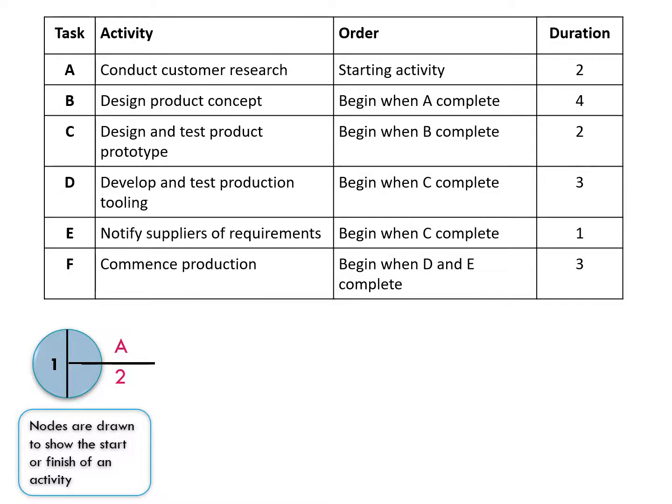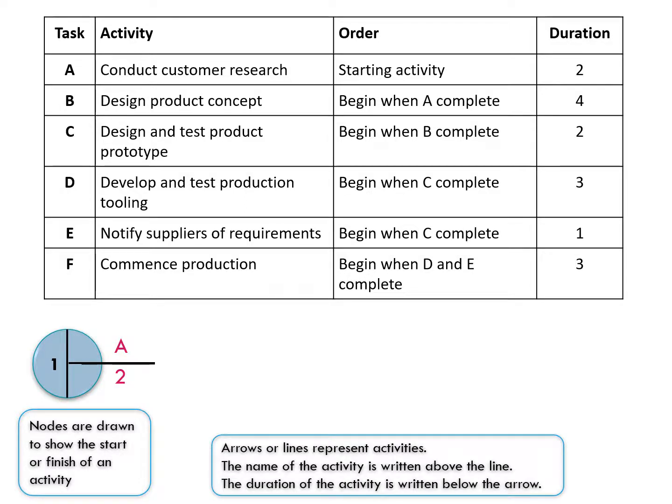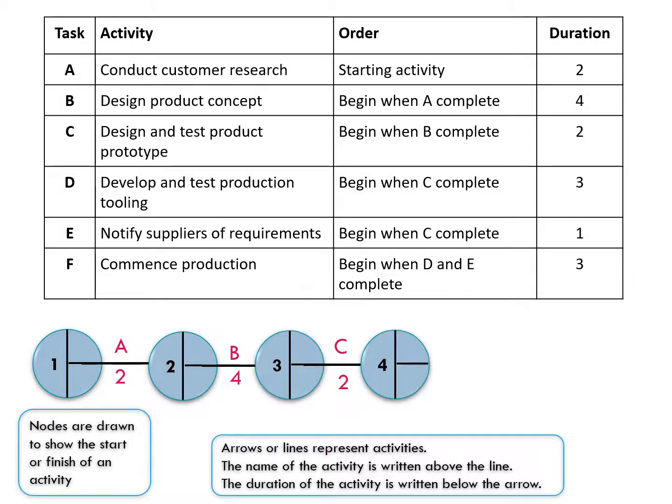When task A has finished, we've come to another point in time. And so I'm going to label that 2. At this point in time, when A is finished, B can begin. So I add another line, B, the product concept design begins, and this is going to take 4. When this finishes, we have a third point in time. I add in C, and so on.